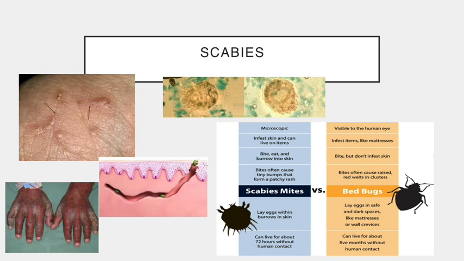Right now, and I guess for a couple of years, there have been bed bug infestations. Now, it's important to note that if somebody comes in and you diagnose them with scabies, that room and or bed bugs, but scabies in particular, they can live for about 72 hours without human contact.